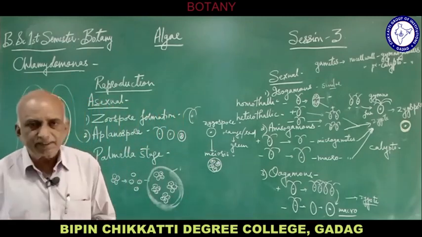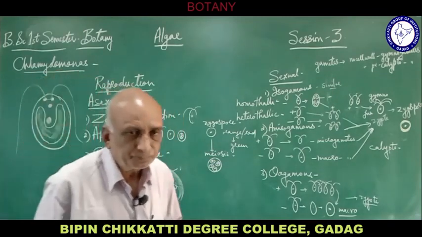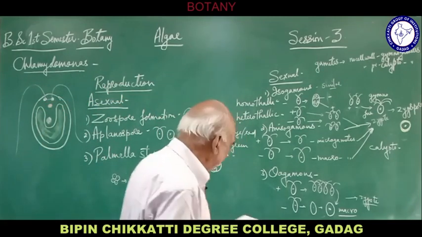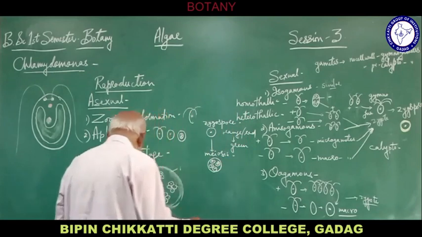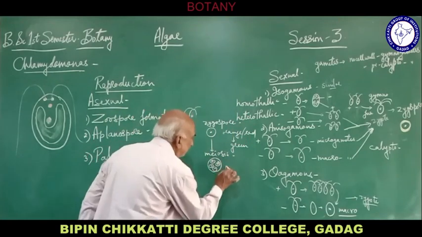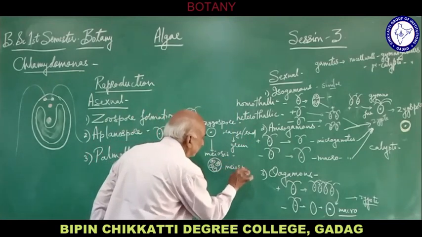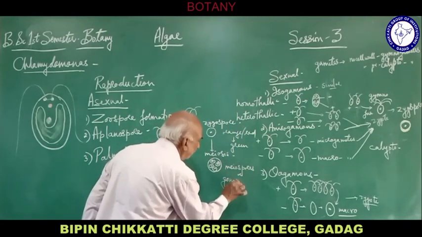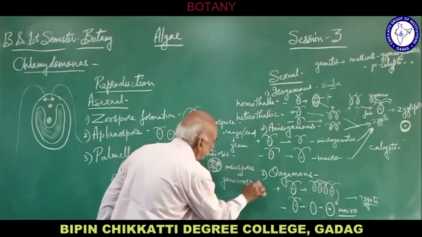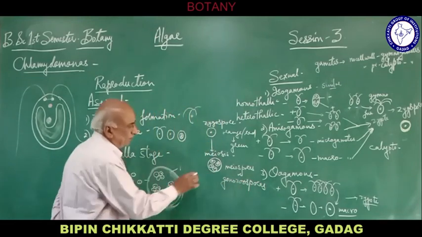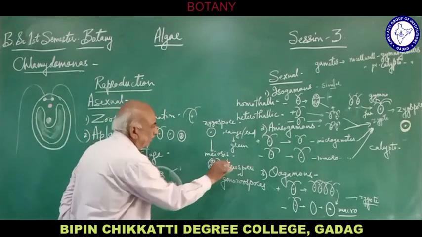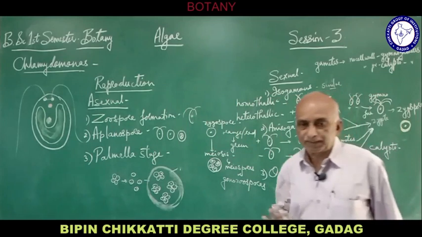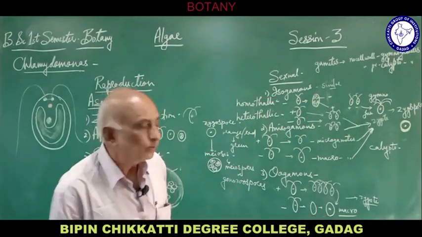These 4 cells formed by meiosis are called the meiospores, or sometimes also called the gonozoospores. These gonozoospores are 4 in number. So each zygospore produces only 4 meiospores or 4 gonozoospores.